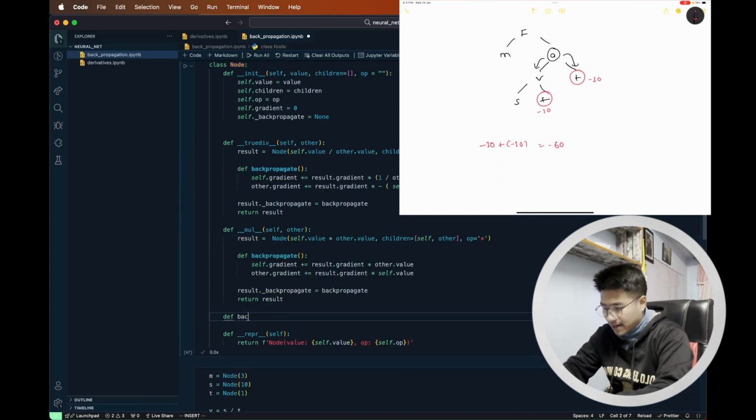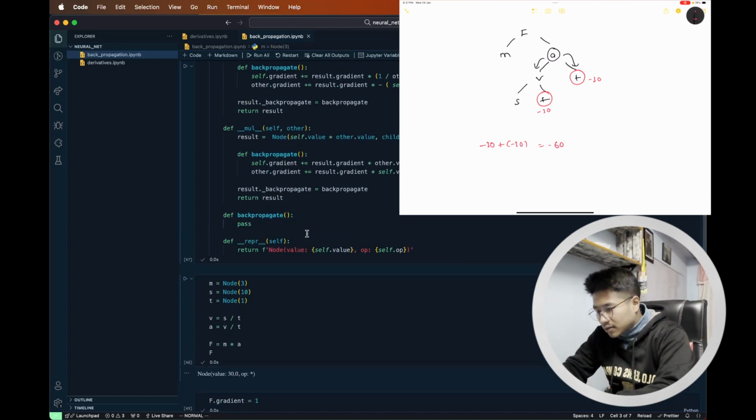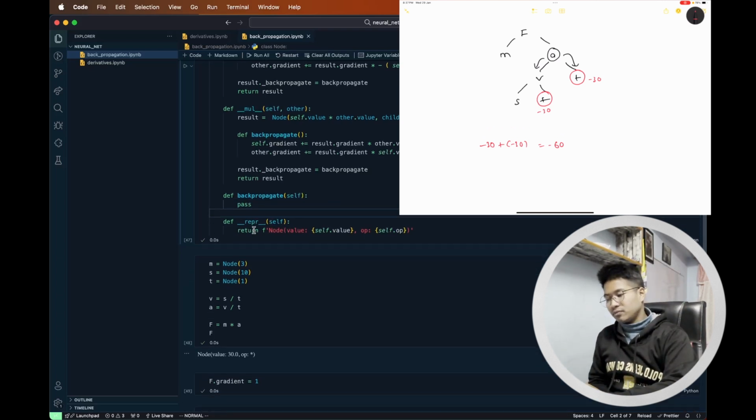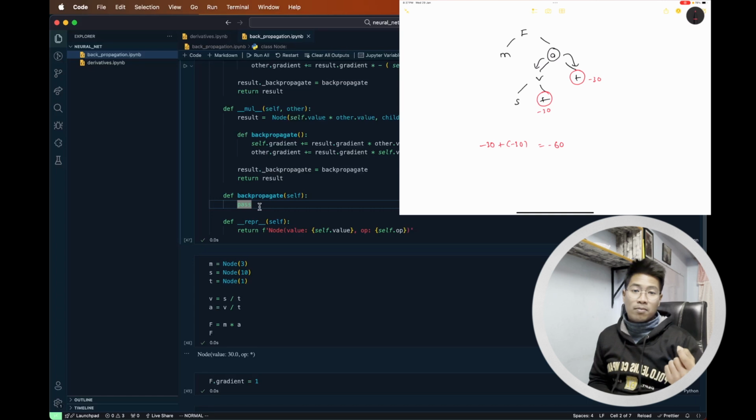So I am going to define a backpropagate function over here, and the logic for this function should have a self, and it should go to every single child and call backpropagate. That's what we are supposed to do.